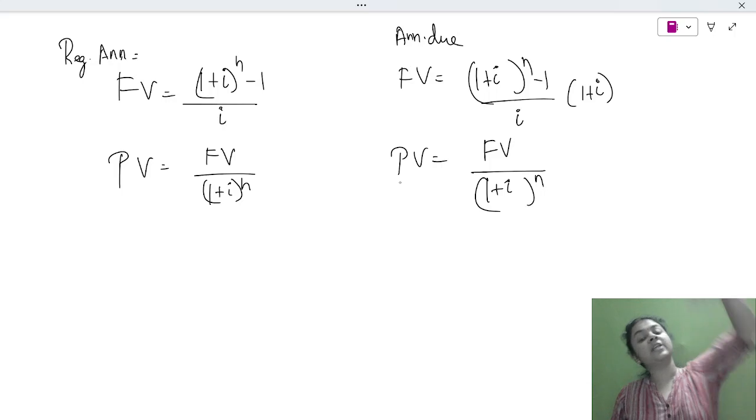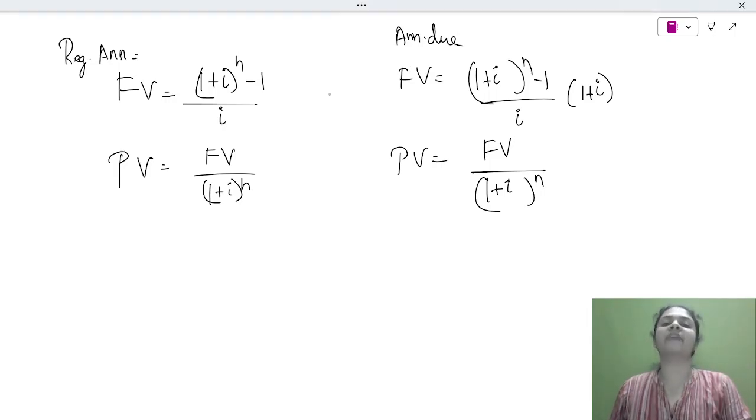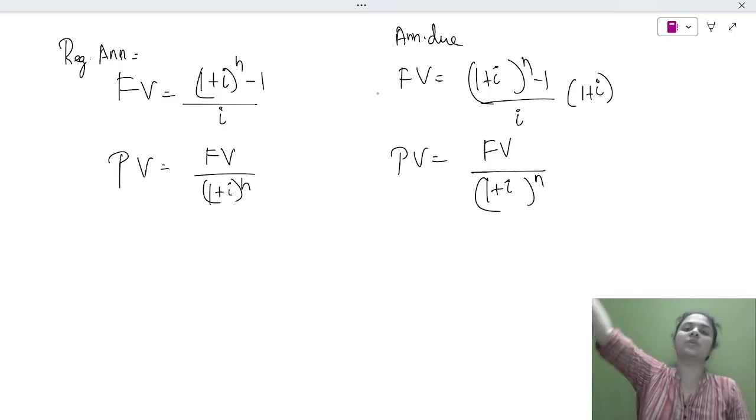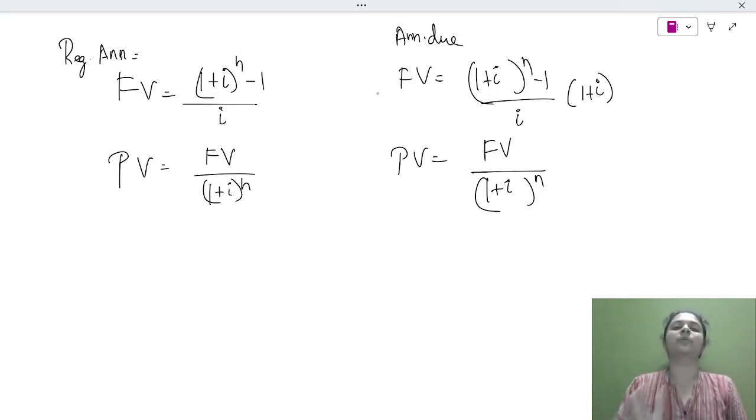Repayable value is future value. Future or the maturity value is future value, and your installment value is the annuity. Are the terms clear, friends?